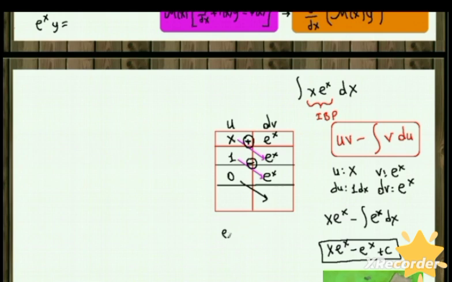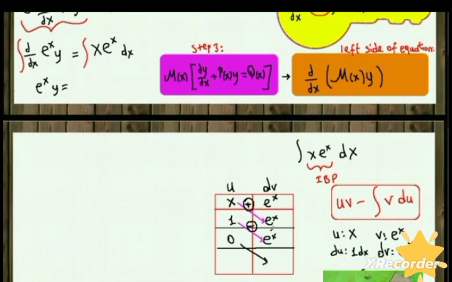Now x times e to the x, plus, we have a negative sign here, so minus 1 times e to the x plus c. As you can see, the tabular method is fast and more practical. Now we're going to take this integral and write it in our question. So that was x e to the x minus e to the x plus c.